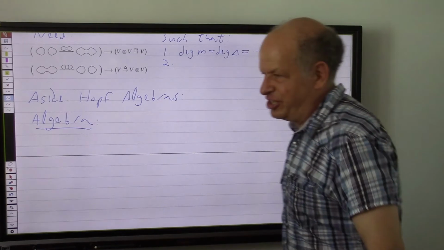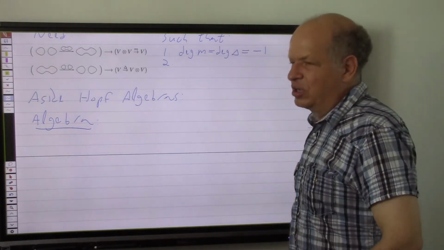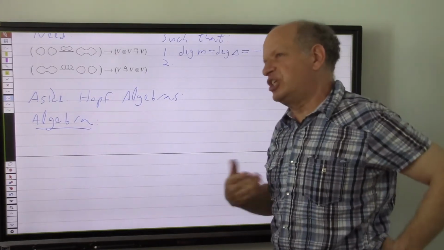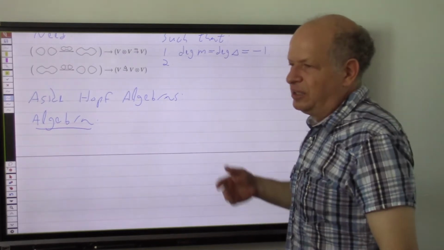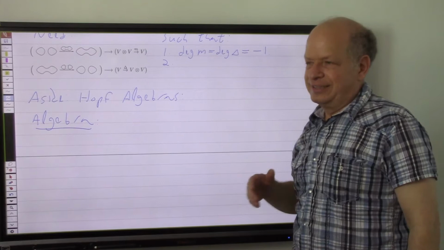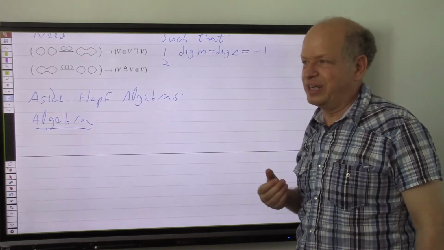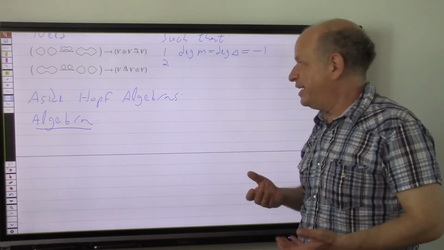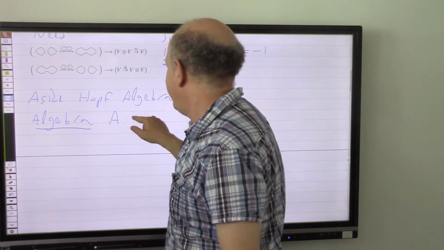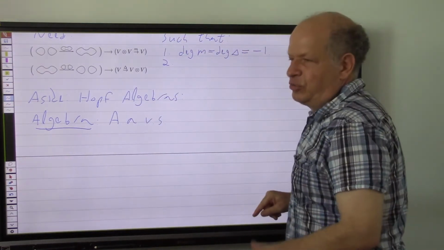An algebra is a vector space along with an associative multiplication, and if you want to say a commutative algebra, then you want it to be a commutative multiplication. But what's a multiplication? So an algebra is a space A, a vector space, and you need a multiplication.